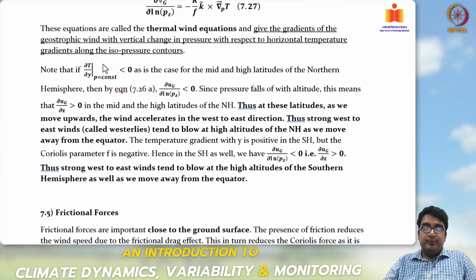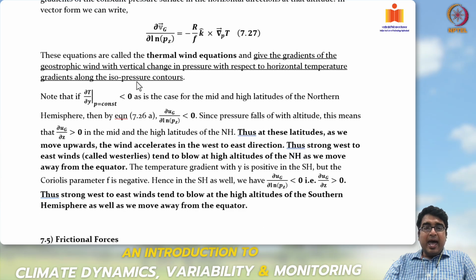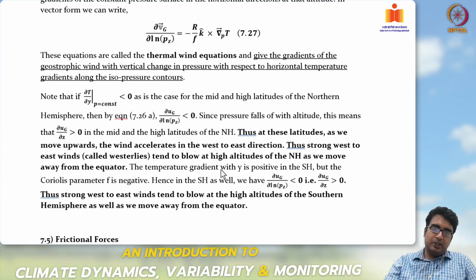As a result, and this is true in the northern hemisphere, in the southern hemisphere, because the Coriolis parameter is negative, we again have the same impact: a positive temperature gradient in the south to north direction, because there del T del Y is greater than 0, will create, because the f is negative, the same effect that del UG del Z is greater than 0.